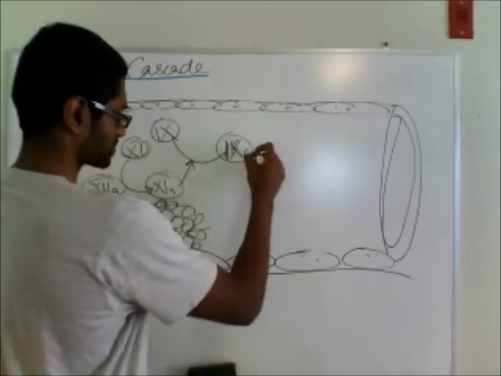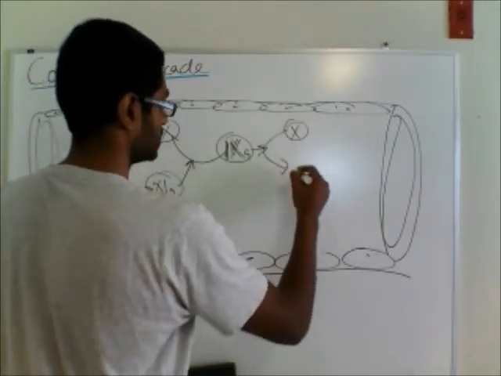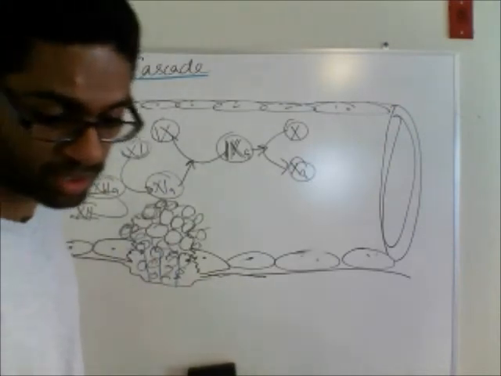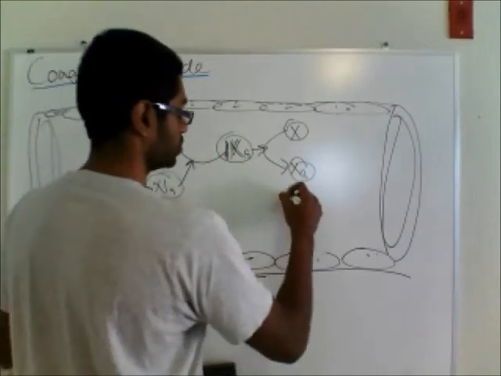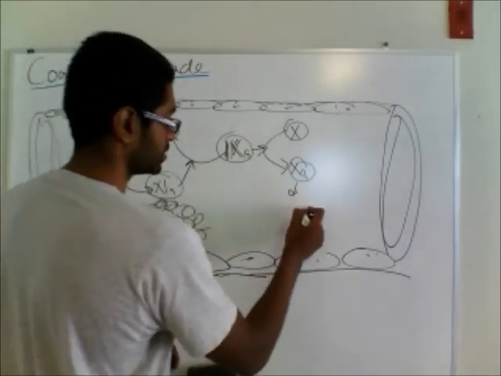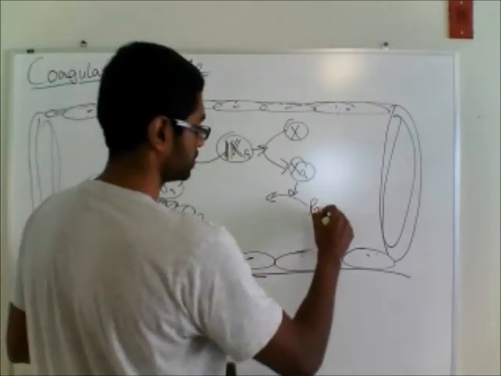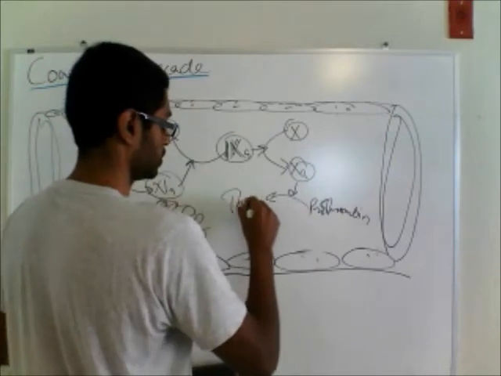So, 9, and then what? It's 10. Okay, 10's a slow one, but 10 is very, very important because what? 10 is the one that actually passes the torch on to thrombin. Okay, so now this is what helps the prothrombin turn into thrombin.